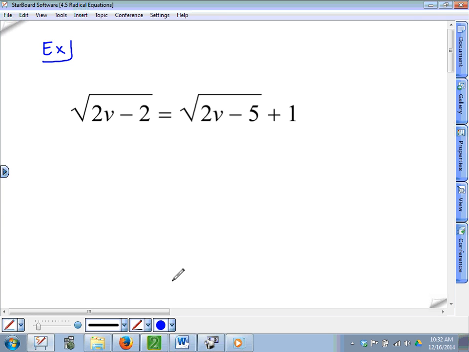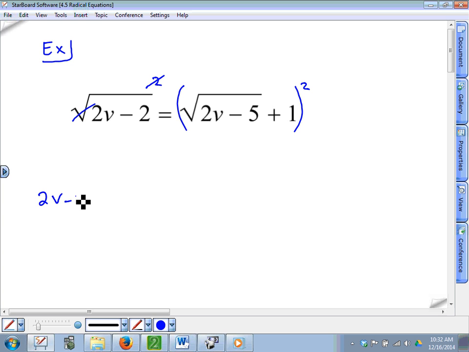What gets rid of a square root? Squaring. So remember what I said though, you can only square once on the left side and once on the right side. So we can square here, but on the right side you gotta use parentheses. Do you see where this is going? Left side works out okay. That just cancels right there.